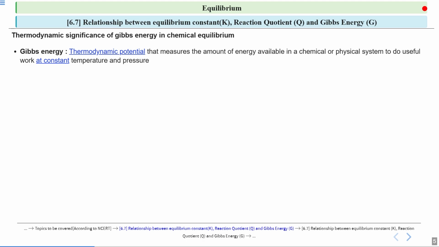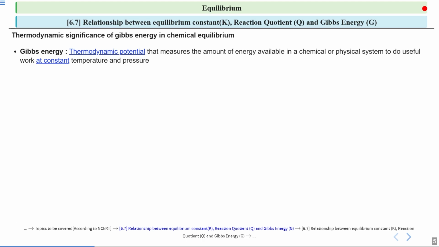So this is a kind of energy stored in you, the potential energy. In the case of thermodynamic systems, this energy is called Gibbs energy, a kind of thermodynamic potential stored in the chemical species through which it does the work. And for a spontaneous process, its change should always be negative. Why am I saying this? It's very simple.